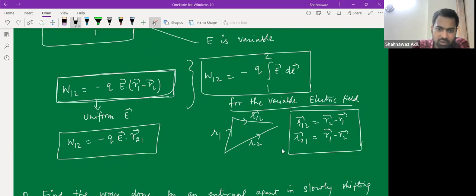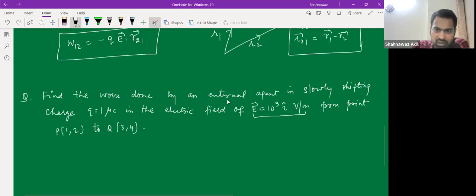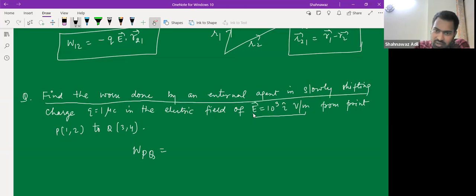We have this question that we have to find the external work done in slowly shifting charge Q of 1 microcoulomb in the presence of this electric field, which is 10 cube i volt per meter, from point P to Q. So we have to find the work done in moving some charge from P to Q. You guys tell me, is this the uniform electric field or the variable one?